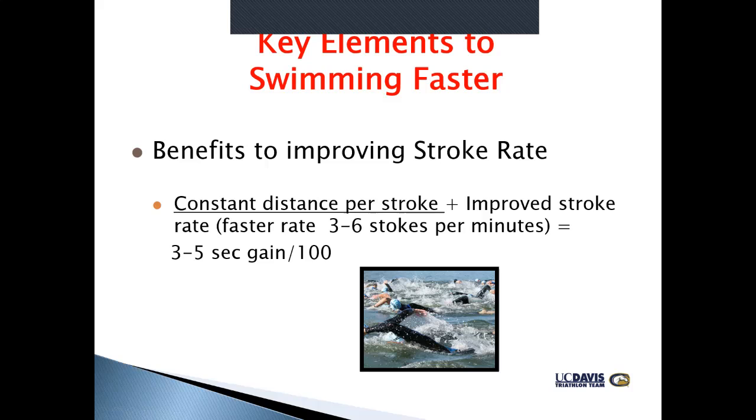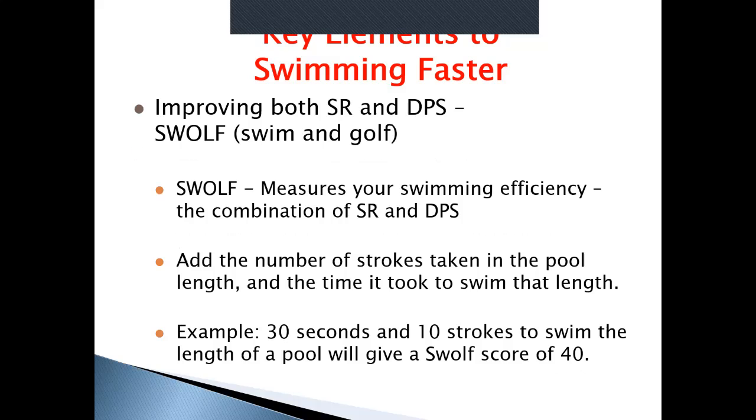When you make that change to your stroke rate, your distance per stroke may drop, but you don't want that to happen necessarily. You want to keep a constant distance per stroke, and if you do that, you could see gains of 3 to 5 seconds per 100. So quite a lot when these two combinations are made, where you keep your distance per stroke the same, but you improve your stroke rate. So definitely worthwhile to make these changes.